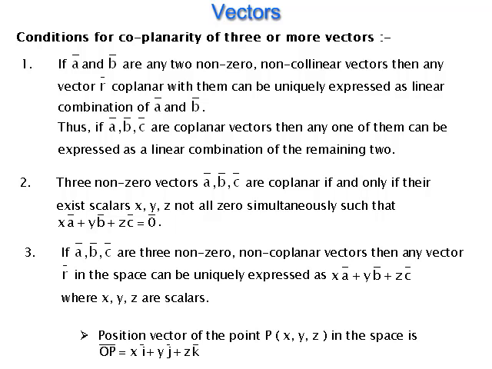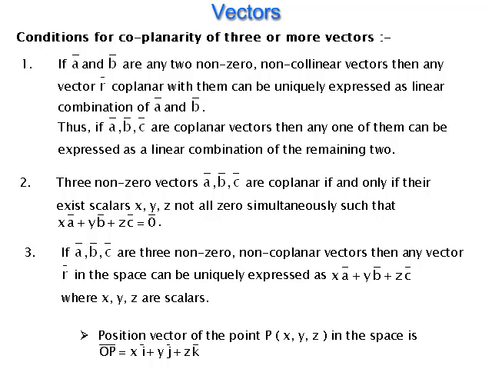Number 3. If a bar, b bar and c bar are three non-zero non-coplanar vectors, then any vector r bar in the space can be uniquely expressed as a linear combination x a bar plus y b bar plus z c bar, where x, y, z are scalars.